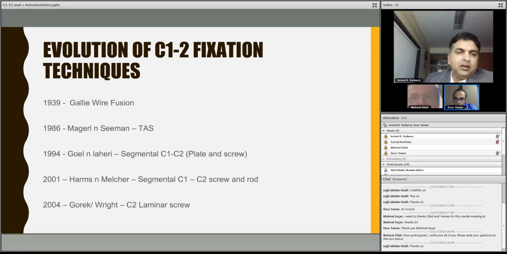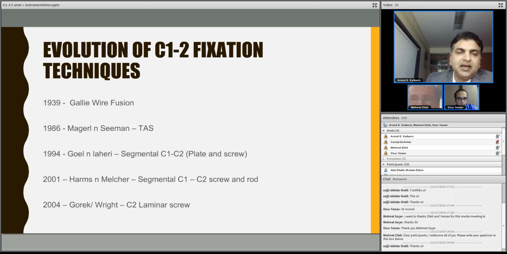So in the 1990s, Dr. Goel and Laheri thought that in certain situations you cannot pass a trans-articular screw, for example when the C1-C2 instability cannot be reduced. One of the prerequisites of a trans-articular screw is that the instability has to be reduced. Only when it is reduced can you pass a C1-C2 trans-articular screw.